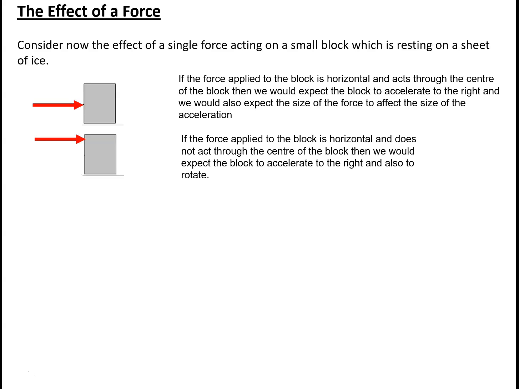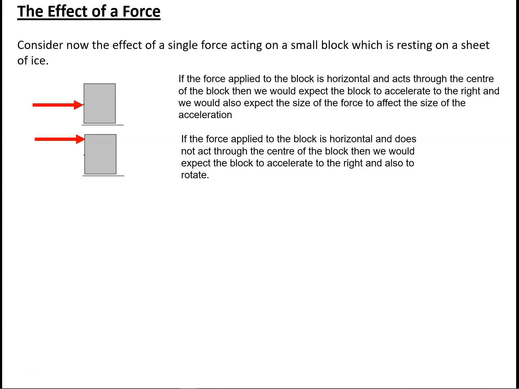If the force applied to the block is horizontal and does not act through the centre of the block, then we'd expect the block to accelerate to the right, but also to rotate a little bit around the bottom right-hand corner of the block.